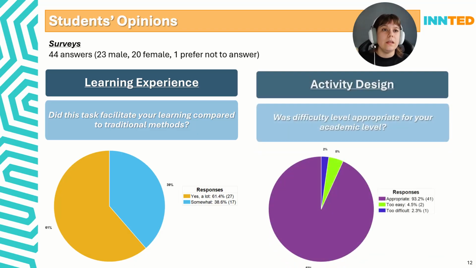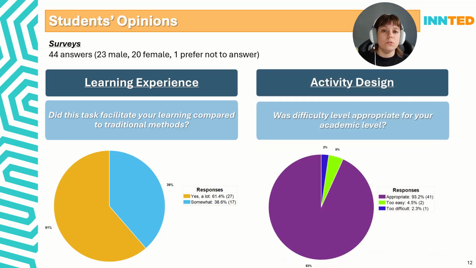Then, regarding activity design, answering the question, was the difficulty level appropriate for your academic level? 93.2% of the students confirmed the difficulty level of the app matched their academic preparation, validating that the application successfully bridges their knowledge within the practical application.